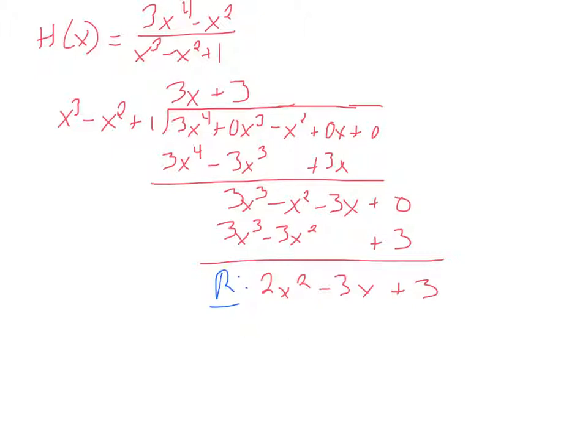In this case, if this is the remainder and this is our quotient, just like with any long division, this is going to be equal to the quotient plus the remainder over the divisor.